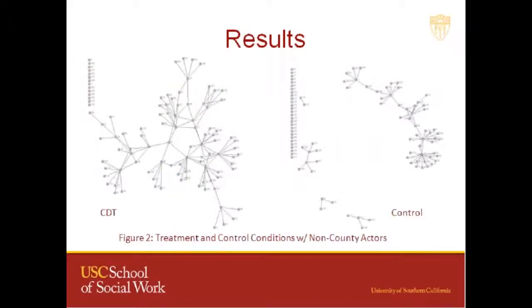In this slide, you'll see 2 figures. The one on the left represents the social network that participated in the community development team. And the one on the right consists of 5 networks that participated in the control condition. Now, what's interesting about this is that all of those in the community development team condition belong to one centralized network.